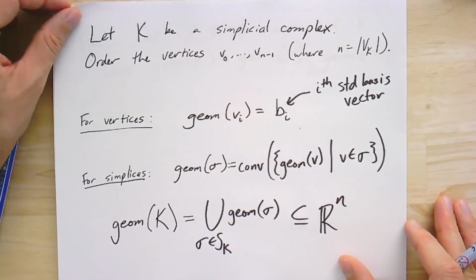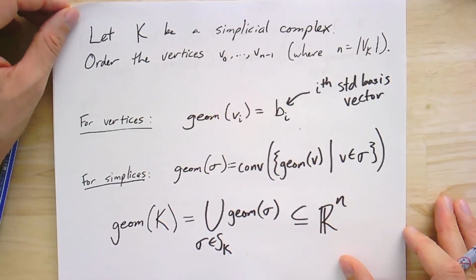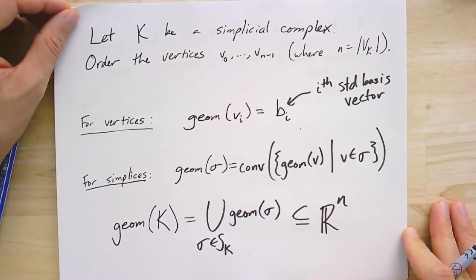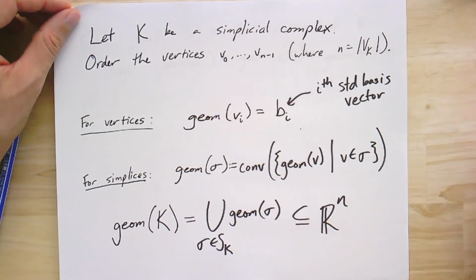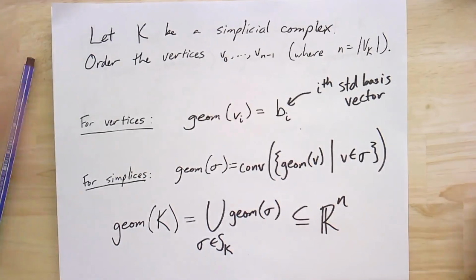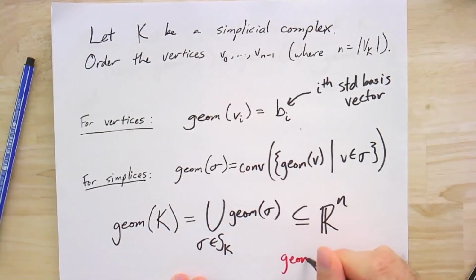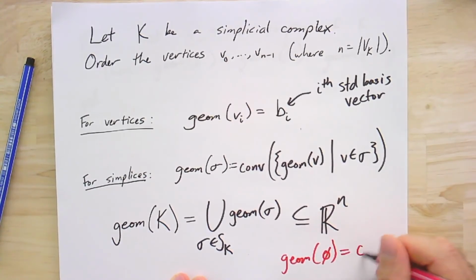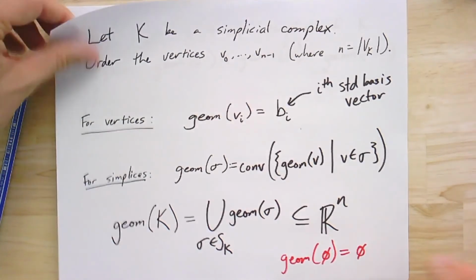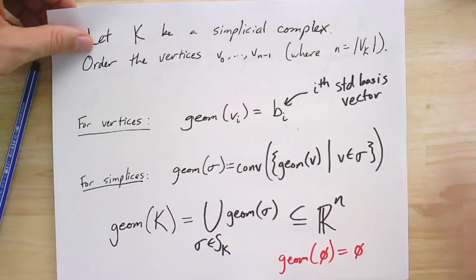So this is kind of the standard way to go from a simplicial complex to a topological space. And I should mention at least one little caveat. Given that I wrote this, I should tell you that we'll define the geometric realization of the empty simplex to be the empty set. So it doesn't contribute to this union, just for completeness.